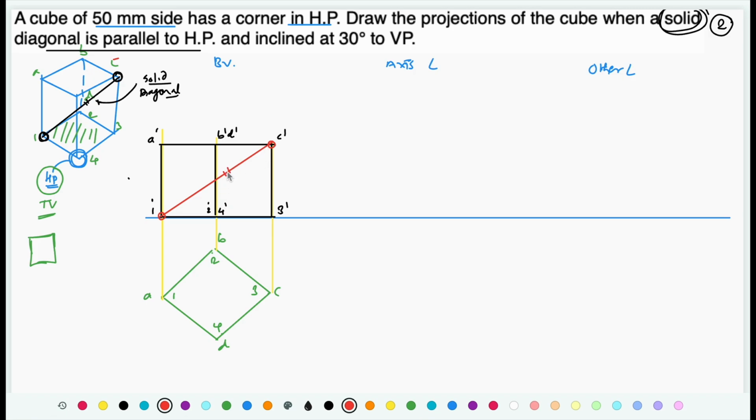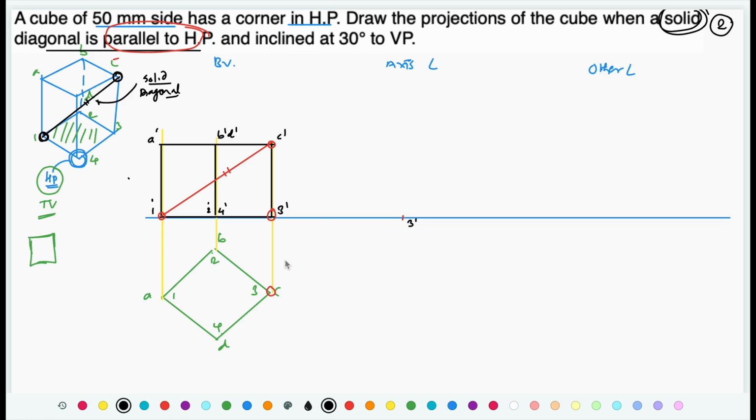Now this red line has to be parallel to HP. Additionally, it is resting on this corner on HP, so this point 3 should remain on the XY line. So this is 3 dash. And after keeping it on HP, we need to draw the remaining solid.